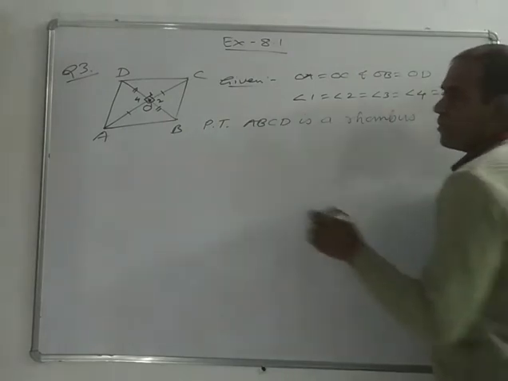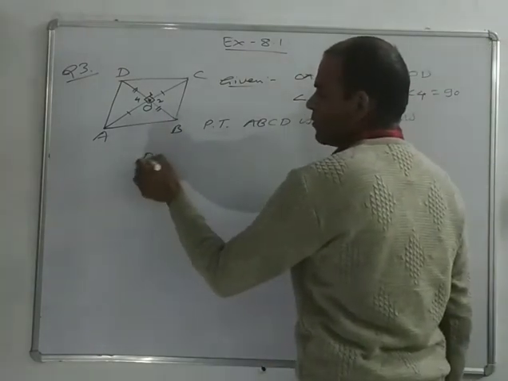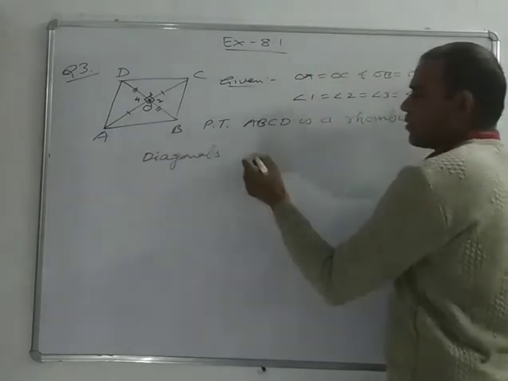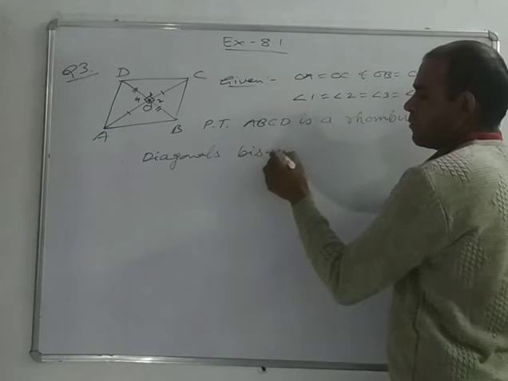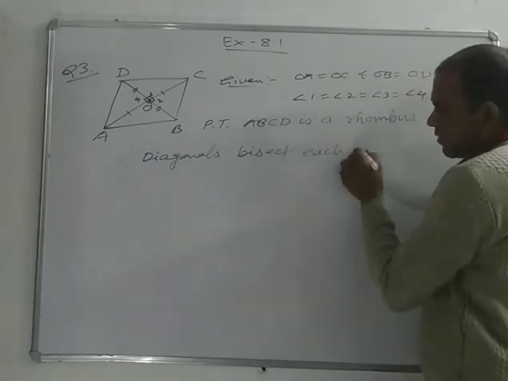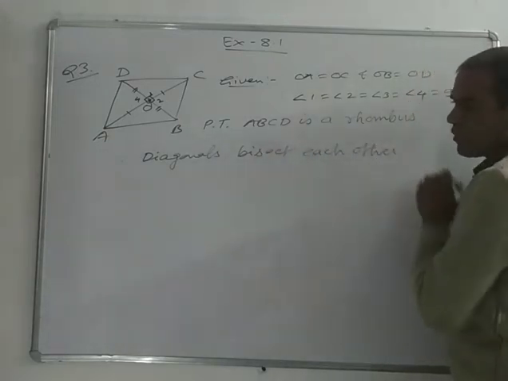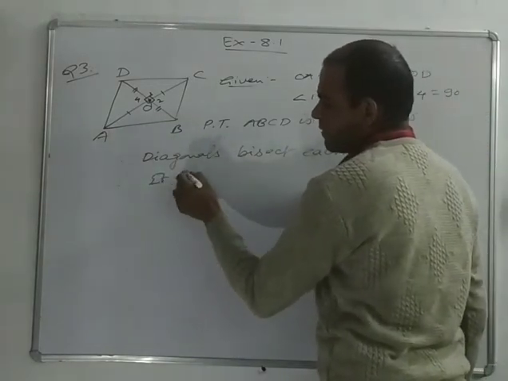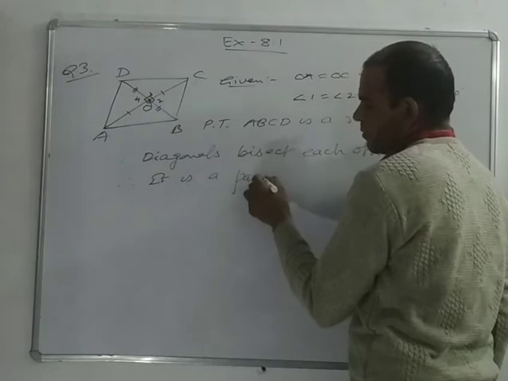So first of all, since the diagonals bisect each other, it is given, therefore it is a parallelogram.